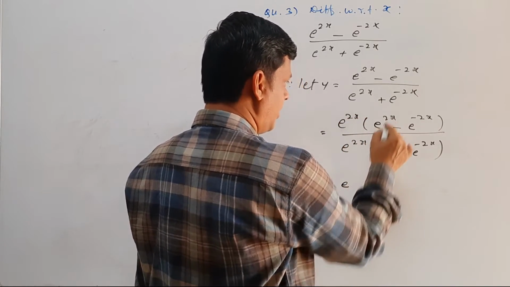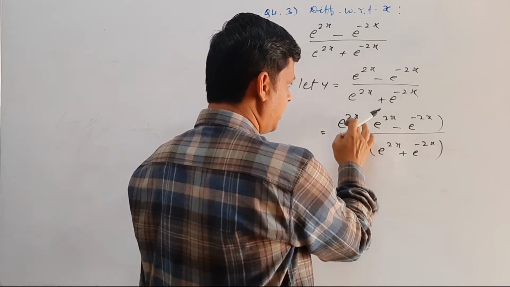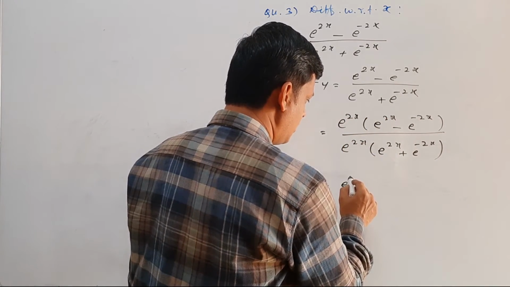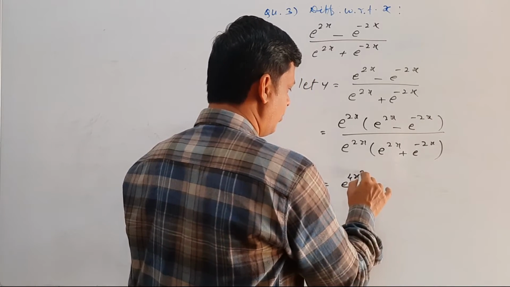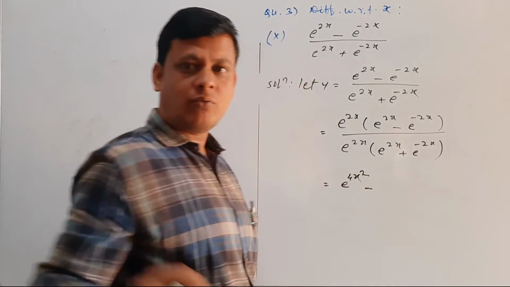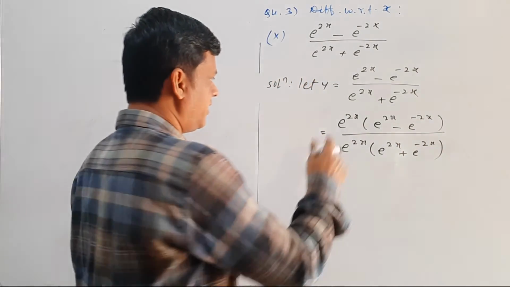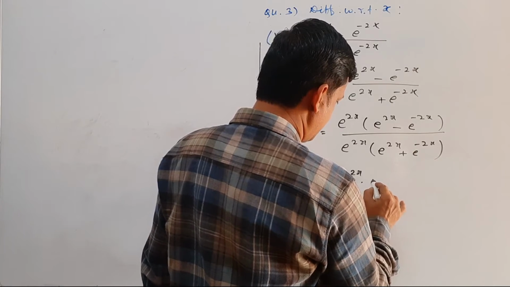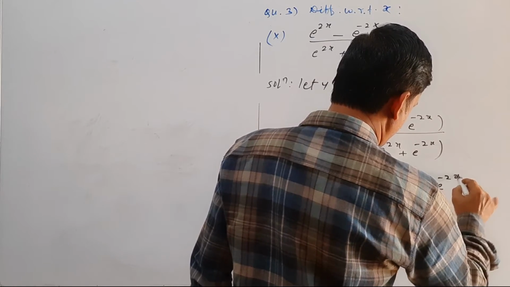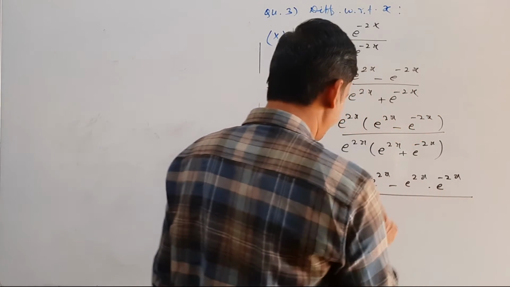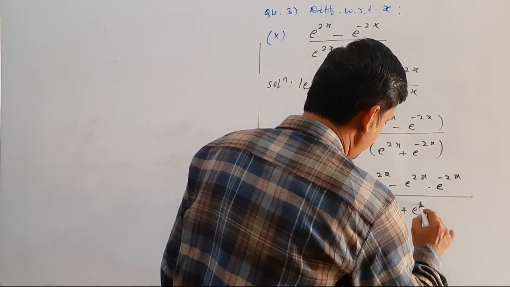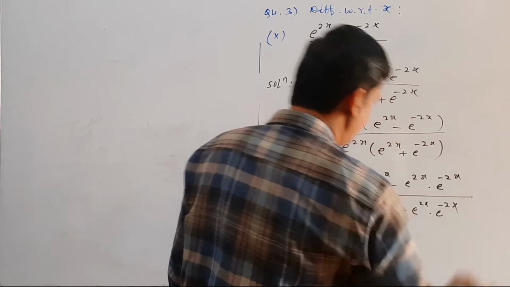So we get e^(2x) into e^(2x), that is e^(2x) squared. So we directly write e^(4x) minus. Or you can add one more step here. So we write this as e^(2x) into e^(2x) minus e^(2x) into e^(-2x), upon e^(2x) into e^(2x) plus e^(2x) into e^(-2x).